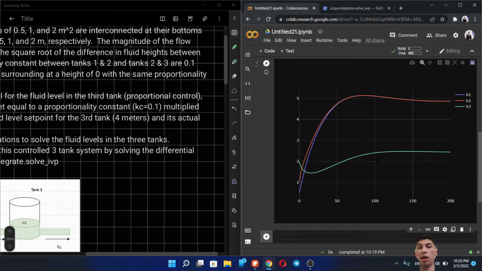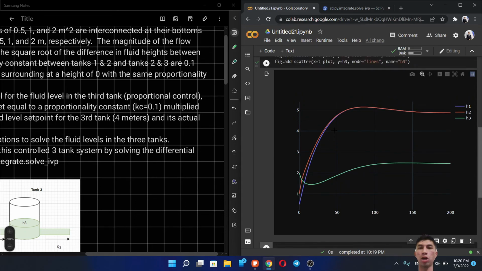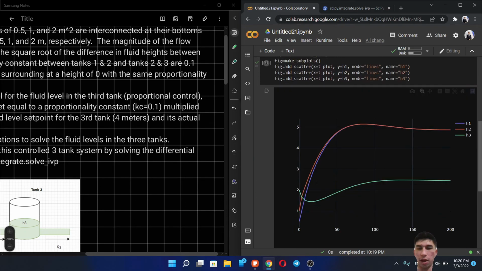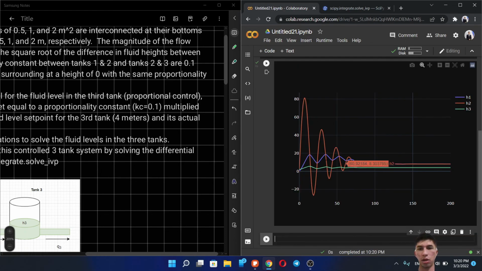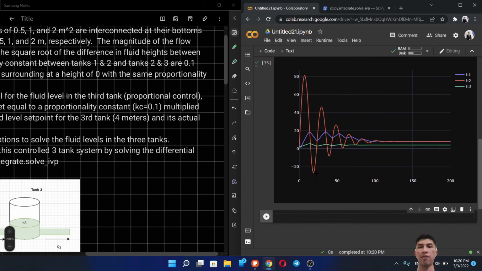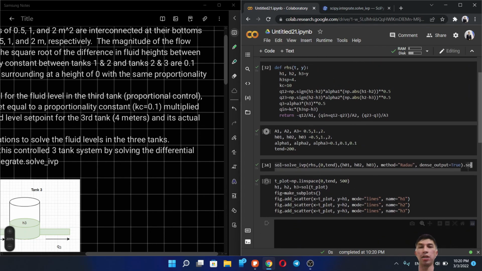If we increase it, the third tank can go up to the 4 meter value, but it's gonna cause very bad things with the flows of the first and the second tank. So let's have it as 10 and run it. You see that it's gonna oscillate, it's even gonna have negative height, which we don't want. So we're gonna leave it as 0.1.